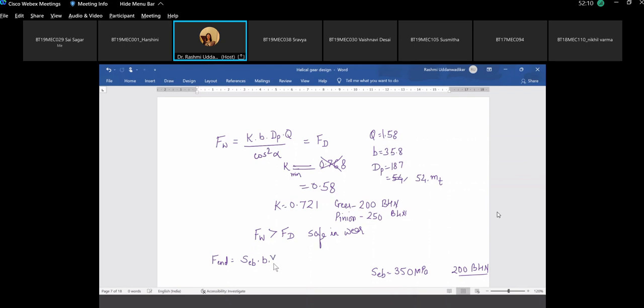We have already taken the value of Y, which is the equivalence per gear into Mn. Give me this and check if this is greater than FD. We'll take one more small numerical, which we should be in a position to finish in the next 20 minutes.